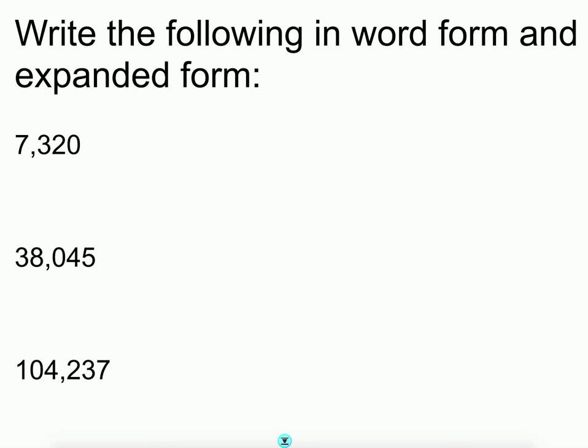And at this point, you could do these with me unless you feel that you understood and don't need to watch the video anymore. However, if you need some extra practice, you should continue and we could do these together. So write the following in word and expanded. So they only want word and expanded. Okay? So let's do words. 7,320.